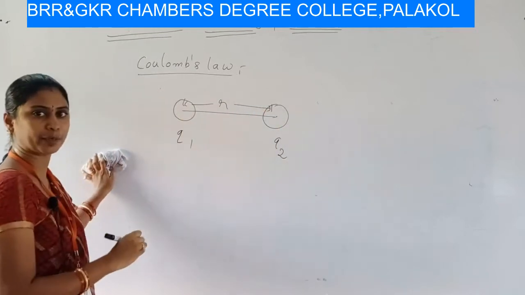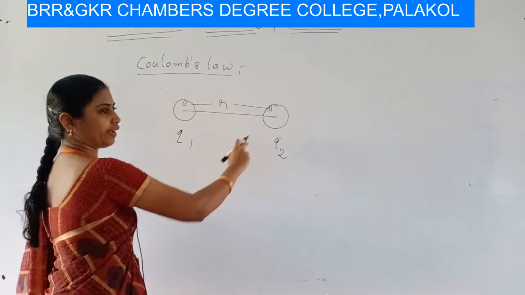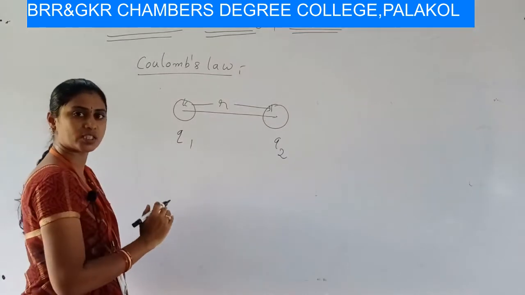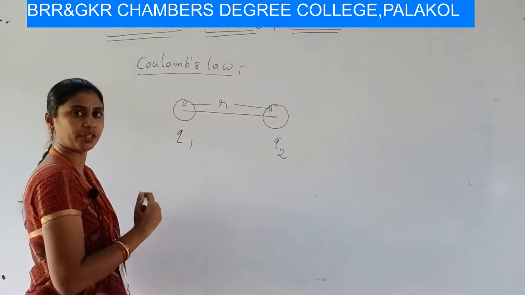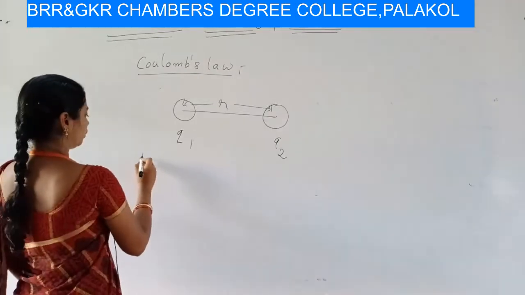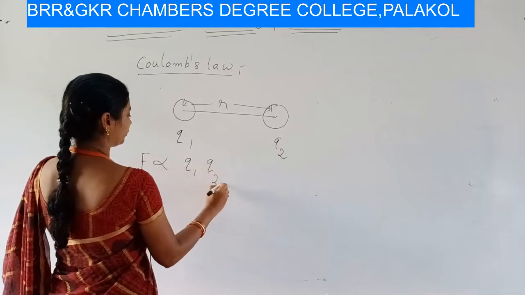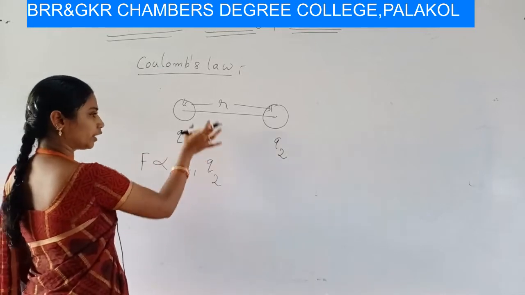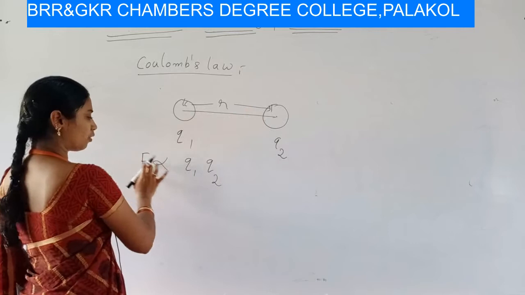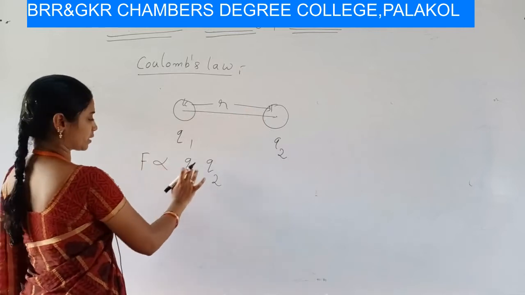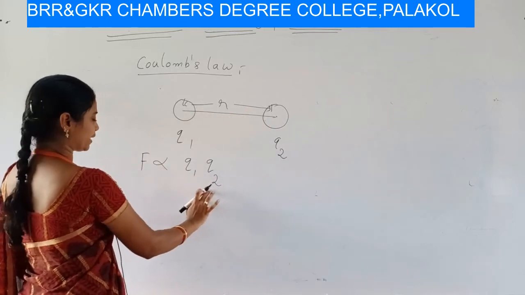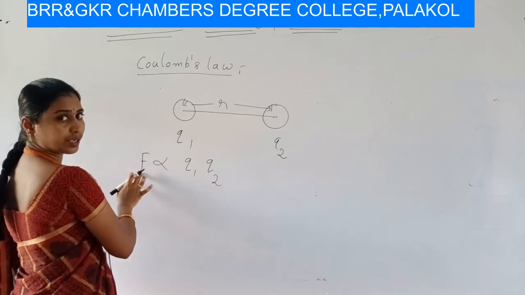According to Coulomb's statement, the force acting between these two charges is directly proportional to the product of the two charges. Then Coulomb writes F directly proportional to Q1 Q2. It means when the product of the two charges increases, the force acting on the two charges increases. If the value of Q1 Q2 increases, then automatically F increases.